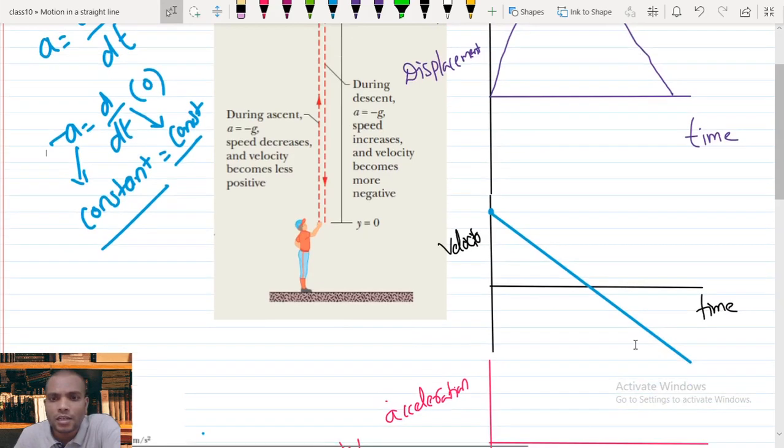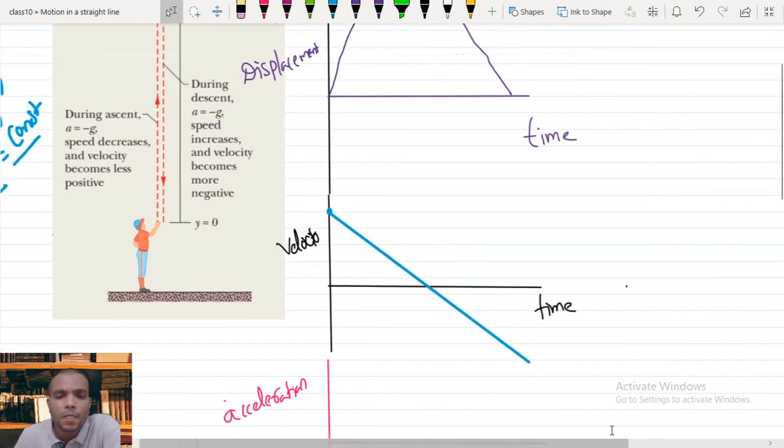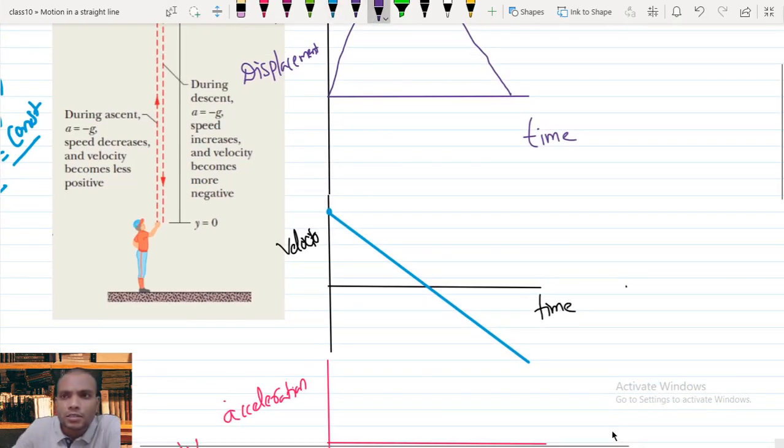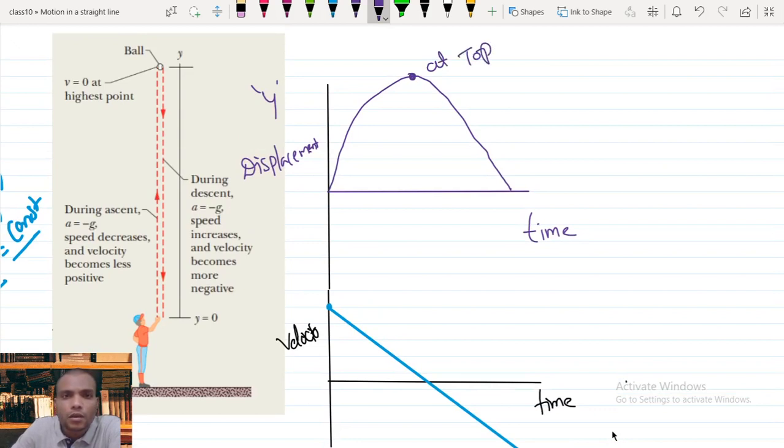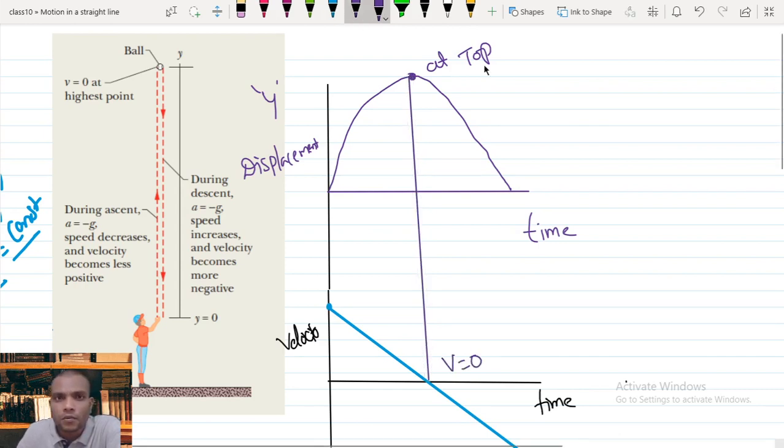If you observe the graph here, this is the point at the top. At the top, the object's displacement is 0. If you draw a line from there to the velocity graph, it is touching at velocity equal to 0.